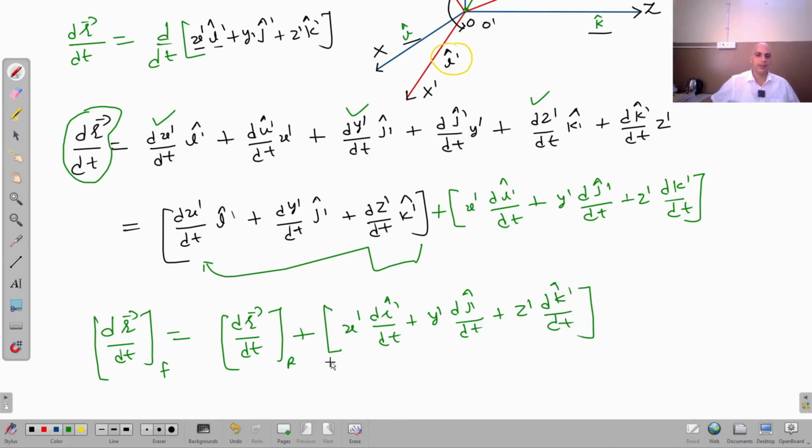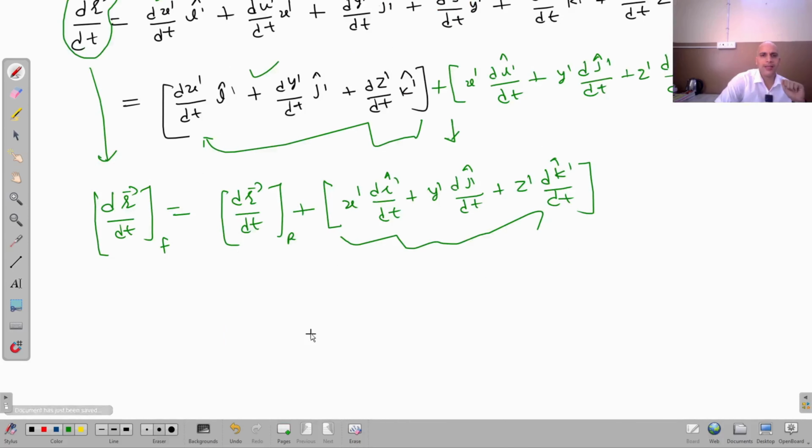So this is the expression that I got from here. I simply replaced this as the velocity in the rotating frame. So when I took it as the velocity in the rotating frame, then I have to take this as the velocity in the stationary or fixed frame, right? Now I have to simplify this term, right? We know very well the relation between the velocity and angular velocity: v is equal to omega cross r. We have learned about it.